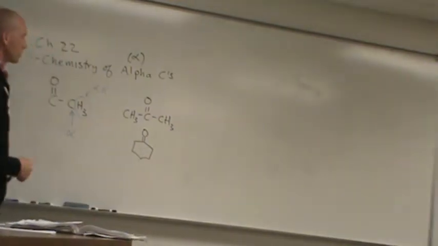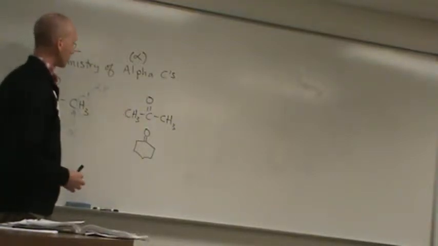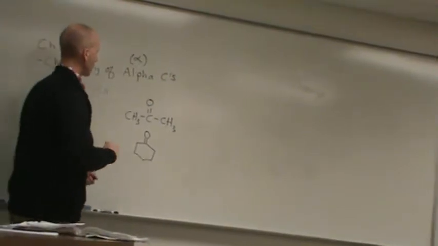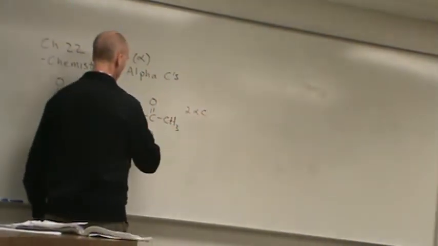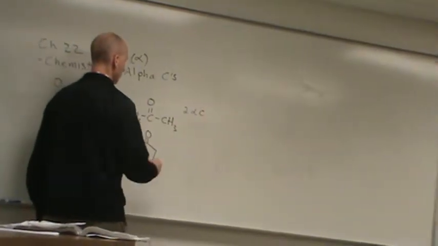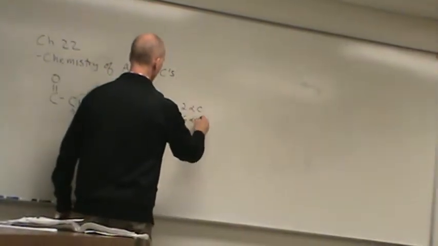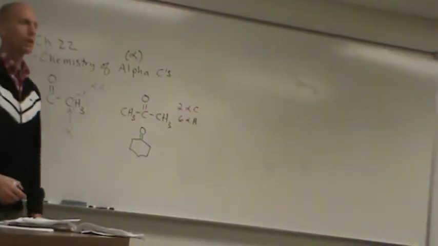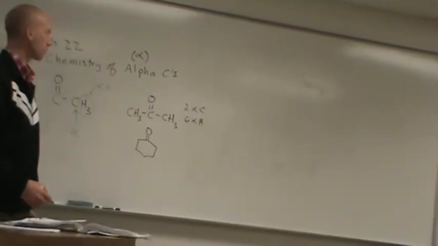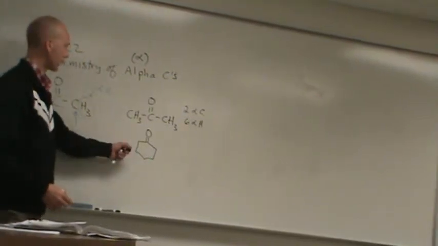Okay, maybe these two to get started. How many alpha carbons does this one have? Okay. How many alpha hydrogens? 6. Okay. So you want to be able to quickly identify those two things. What about this one down here?